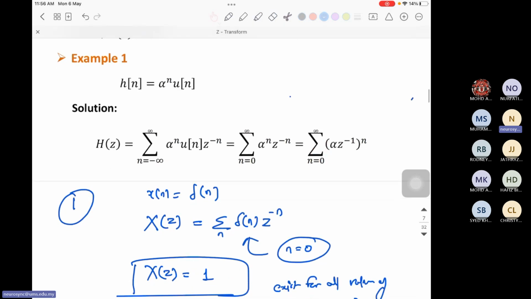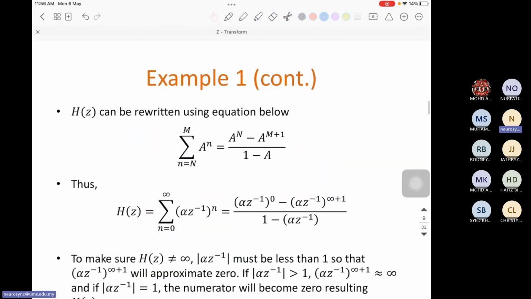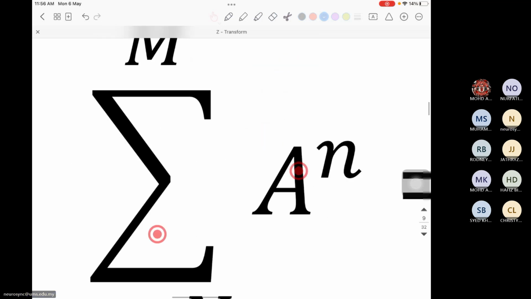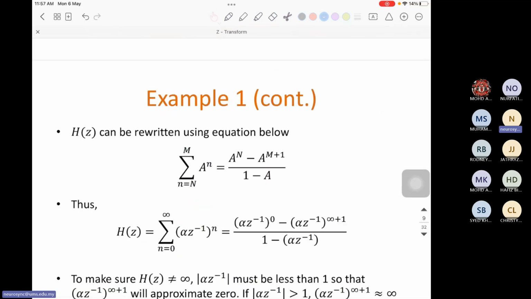The summation of a to the power n, over small n from capital N to M, is basically equal to a to the power capital N, which is the lower limit of the summation, minus a to the power M plus 1, divided by 1 minus a.